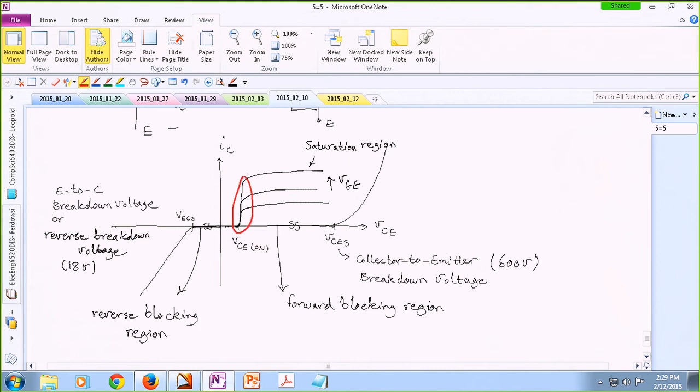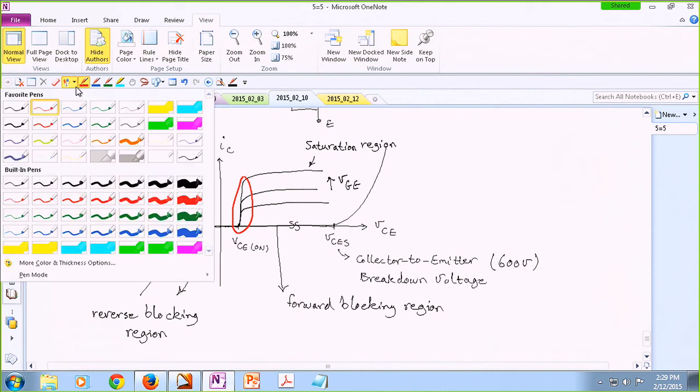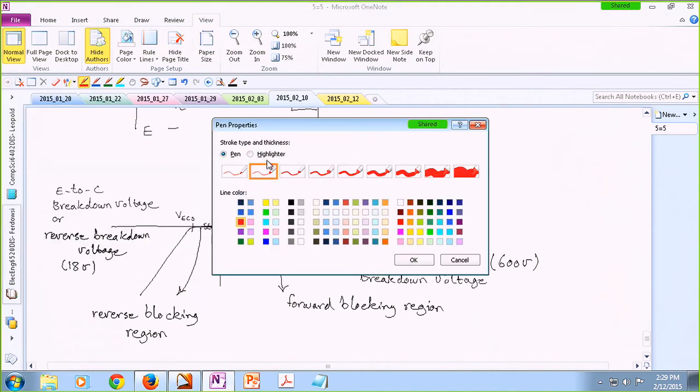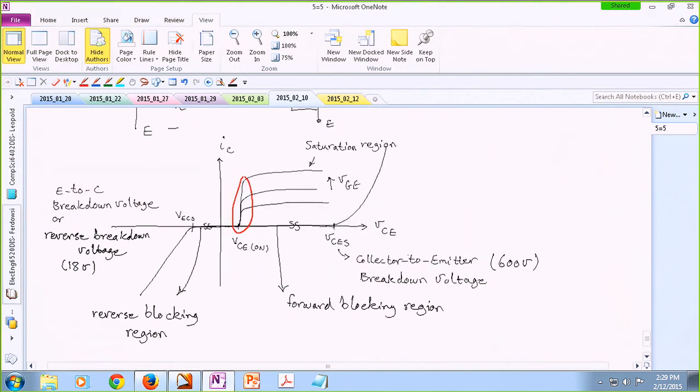All right? That the device is conducting positive amounts of current, but at the same time there is a little bit of a voltage applied across the terminals of the device, which is this VCE on, or collector to emitter saturation voltage.